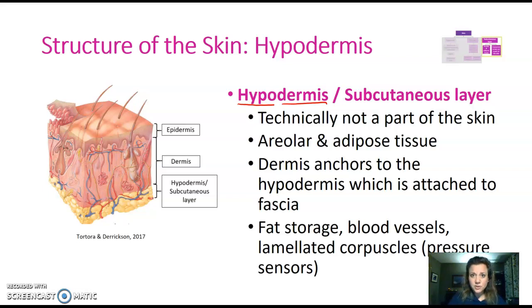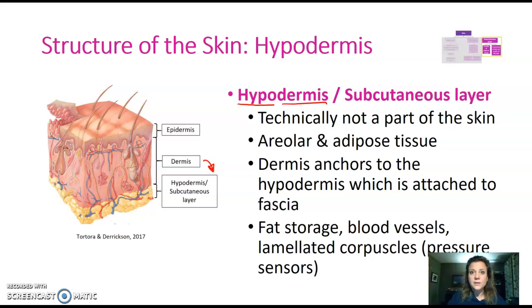And the adipose tissue is simply fat cells. And so recall that fat cells really have just a droplet that contains lipids in it, and it's a place for lipid storage.